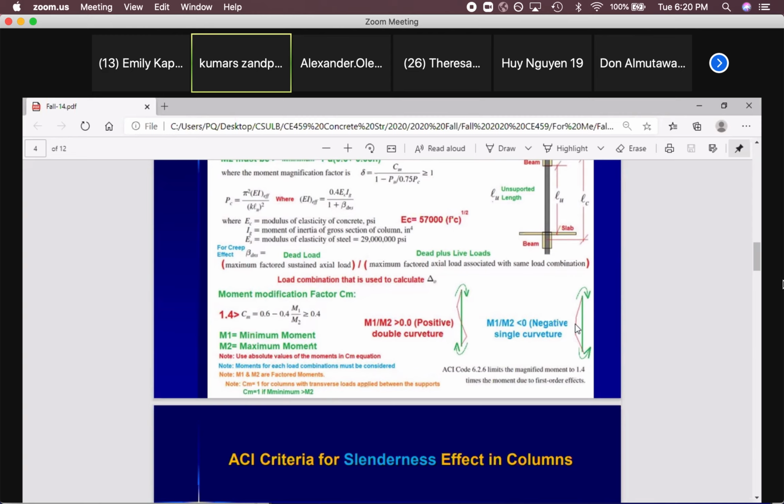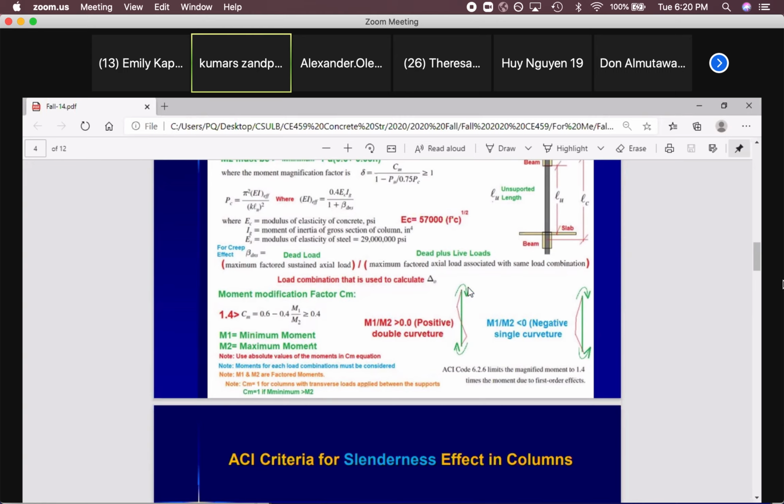So that's important to see. You are working with one load combination at a time. And for each case, you have to figure out if you will get single curvature or double curvature for each one separately, and do your design all the way to the end. Then go back and start for the other load combination.